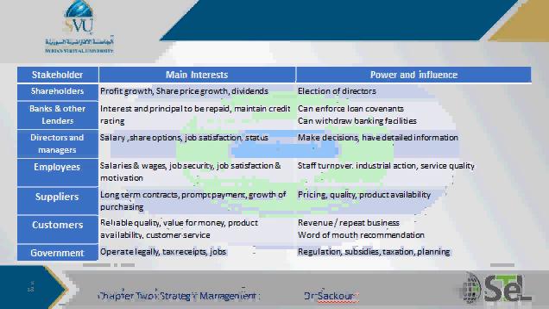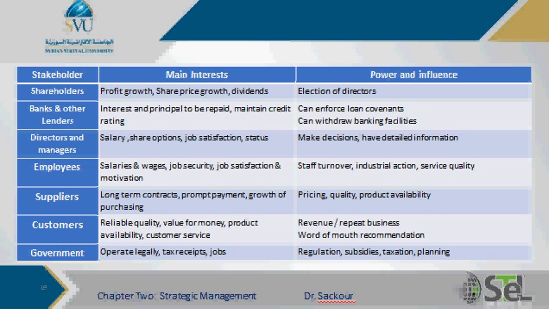You have the main interest and power: the power that each one of them can practice on your company. Bravo. That's very good. Have a quick scan of the following slide and you can see the contradiction between the interests of all parties. And now it's your responsibility as general manager and leader to balance between them.